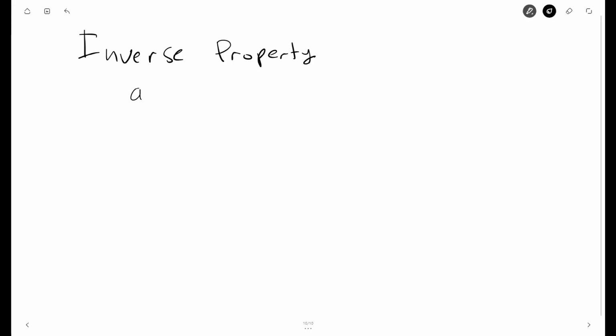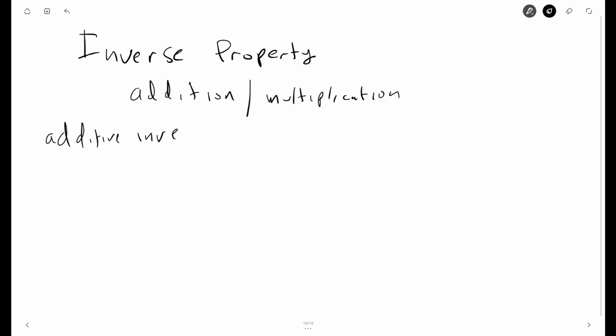So first, the additive inverse. The sum of a number and its opposite is 0. So if we have a number a plus its opposite, which is negative a, then the sum of the number and its opposite is equal to 0.